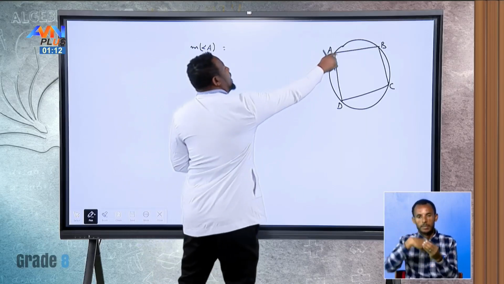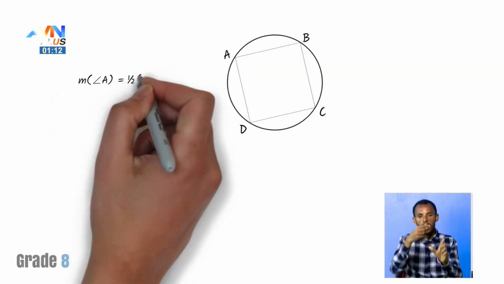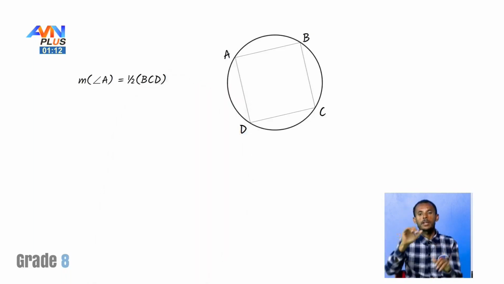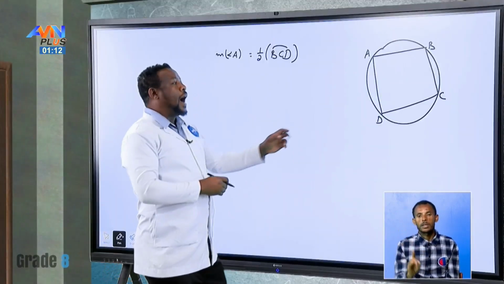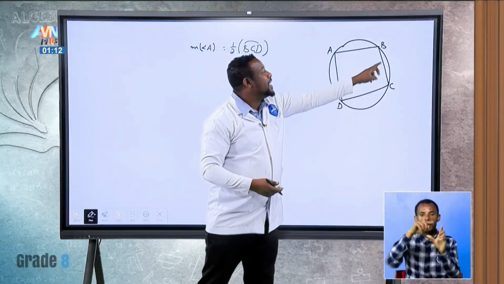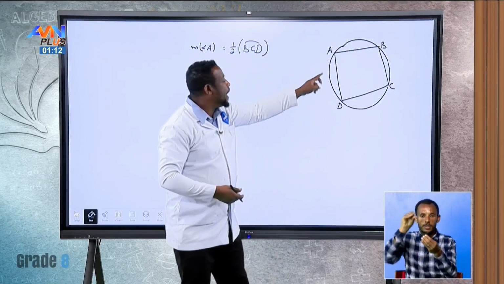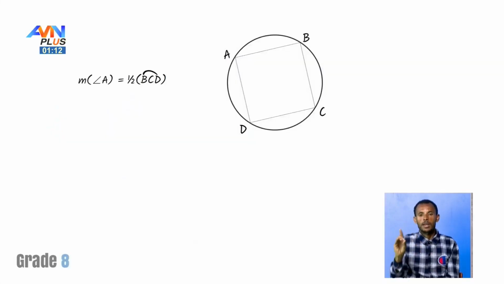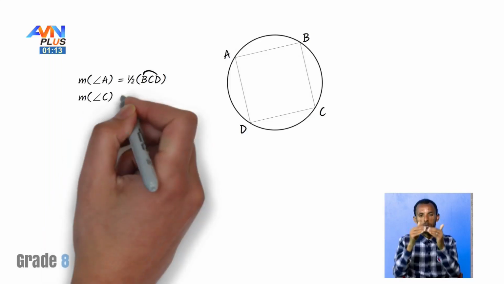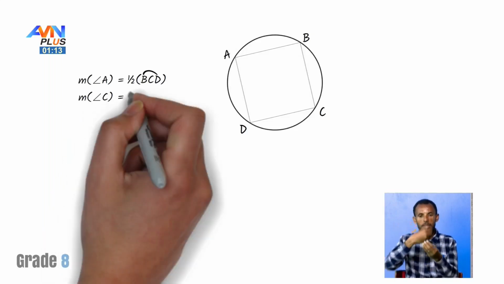So angle A is half of the degree measure of BCD, okay? Again, angle C is an inscribed angle. This angle is subtended by BAD, okay? So measure of angle C is half of the arc subtending it, which is BAD.